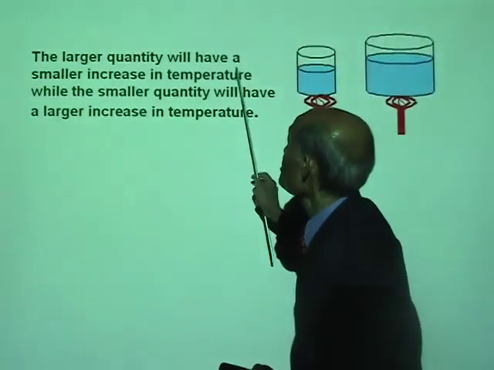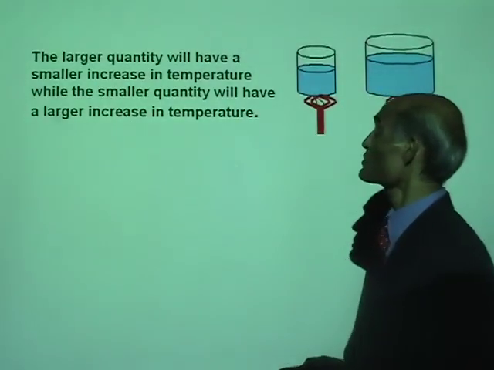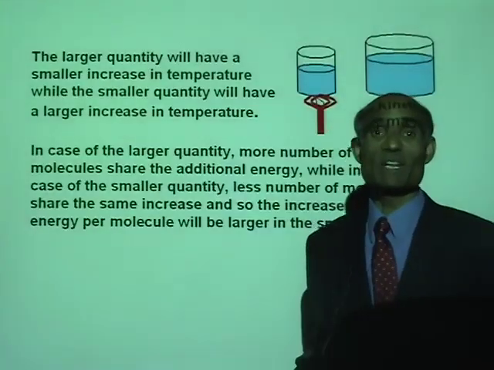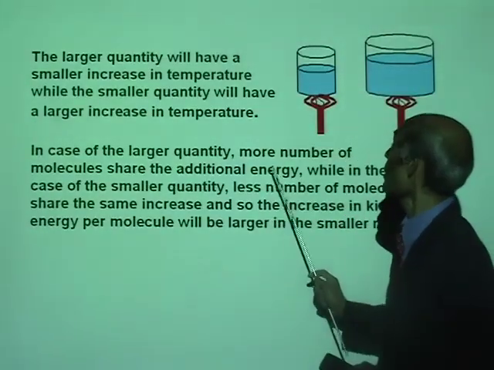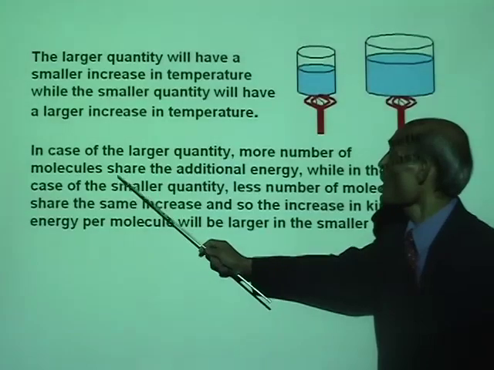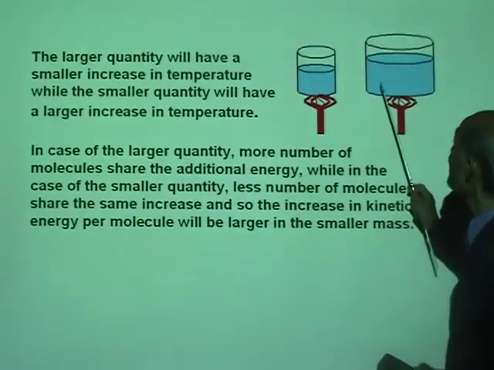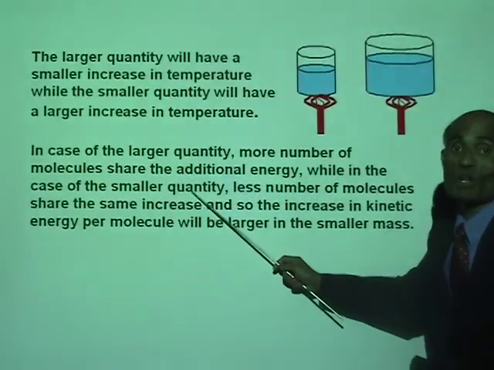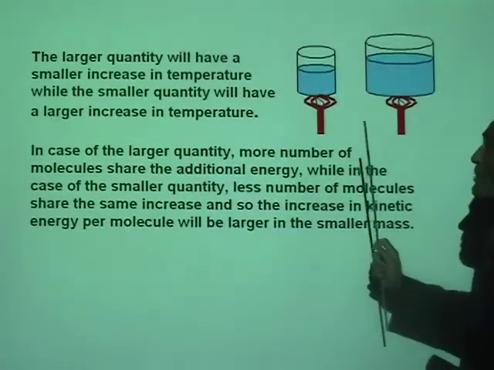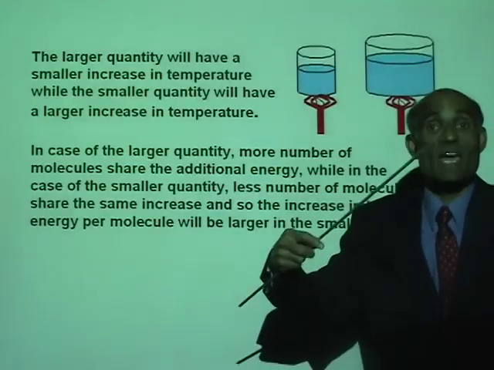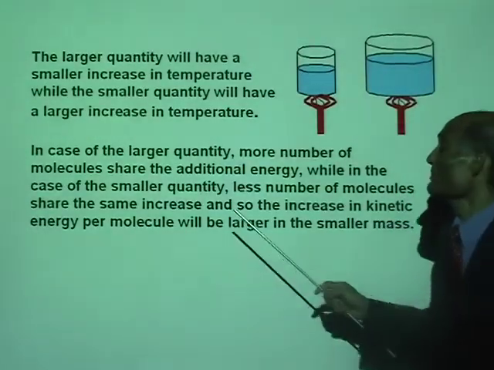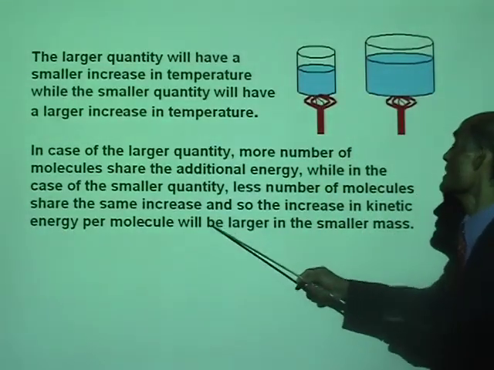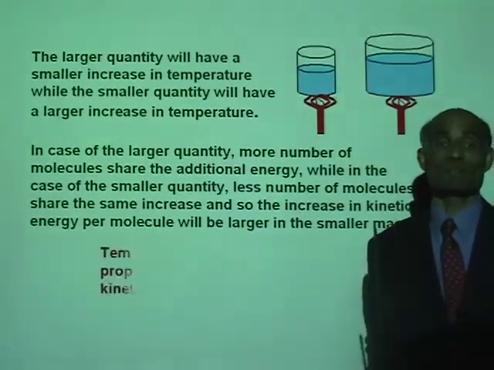Now, the larger quantity will have a smaller increase in temperature, while the smaller quantity will have a larger increase in temperature. This is because more molecules share the additional energy in the big beaker, while in the case of the smaller quantity, fewer molecules share the same increase. That means the share of the energy per molecule will be larger in the small beaker.